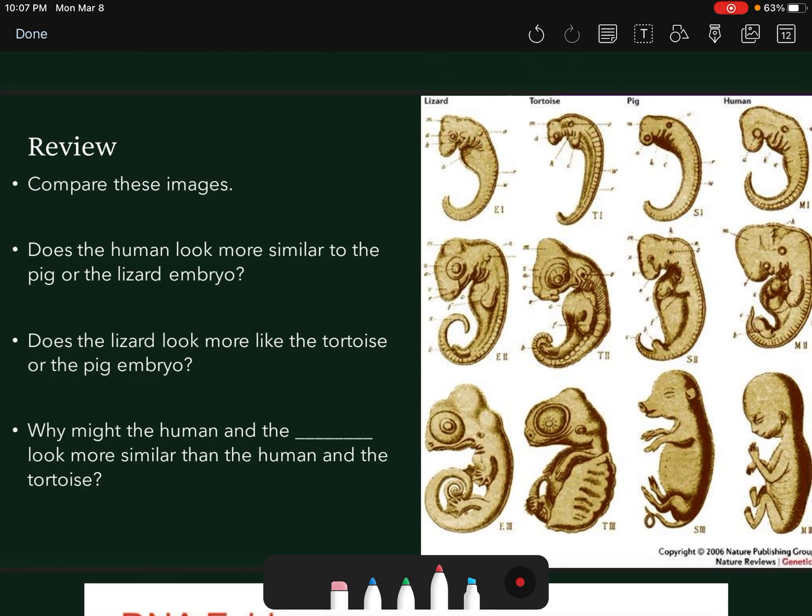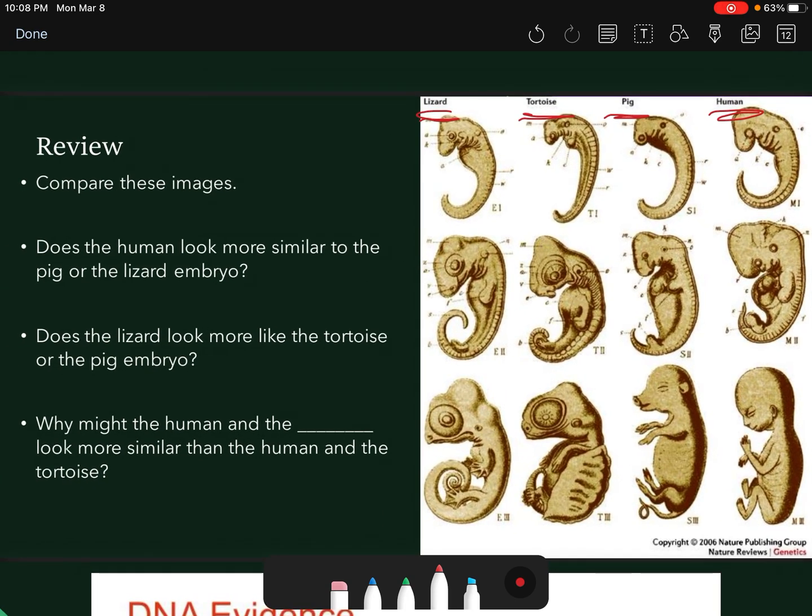Okay, so we are already almost done with these slides. So the review: compare the images. We have a lizard, a tortoise, a pig, and a human. Now, does the human look more similar to the pig or to the lizard embryo?